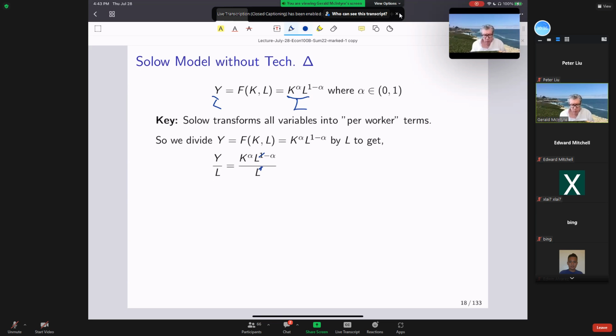When you have a variable in the other part of the fraction, that exponent takes on a negative sign, and when you have the same base, you add exponents, until we get K to the alpha L to the minus alpha. Another rule of exponents: the minus sign in an exponent means that the variable belongs in the other part of the fraction. So that L to the minus alpha means L is downstairs to the alpha power.